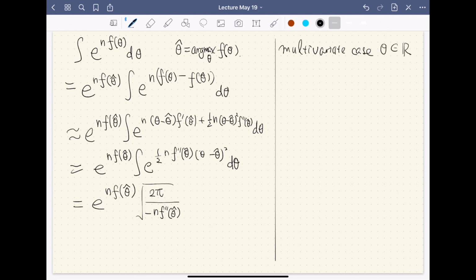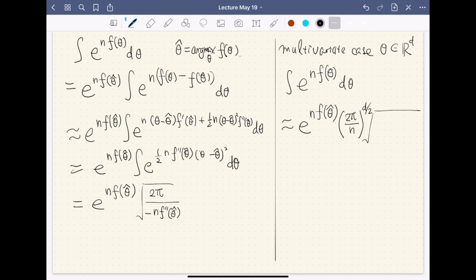Theta is now a d-dimensional vector, and then apply similar derivation. I'm going to ignore the detail. This integral is approximately e to the power of n times the maximum of f, and then times a multivariate Gaussian integral, which gives you 2 pi over n to the power of d over 2, times root of 1 over the determinant of the negative Hessian.